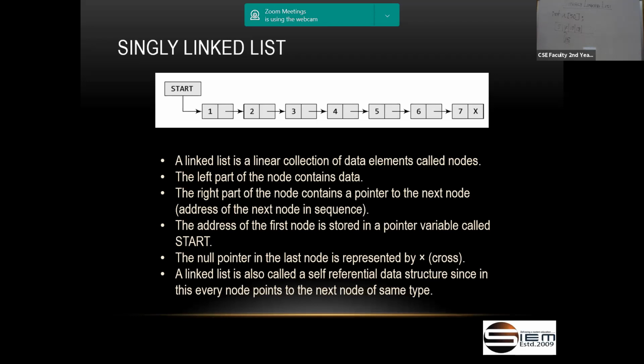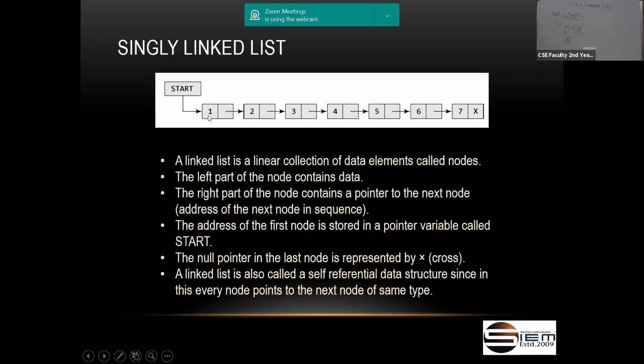So first you have to pay attention to the singly linked list. Why is it called a singly linked list? First of all, there is a single link between all the nodes. Each one is called a node, and there is a single link connecting all the nodes. Now one node has two parts, the data part and the address part.